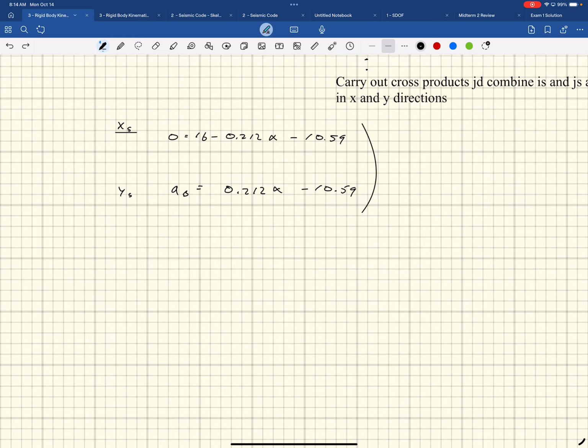Two equations, two unknowns. So then you get out of this alpha is equal to 25.5 rads per second squared. And then AB is equal to negative 5.2 meters per second squared.